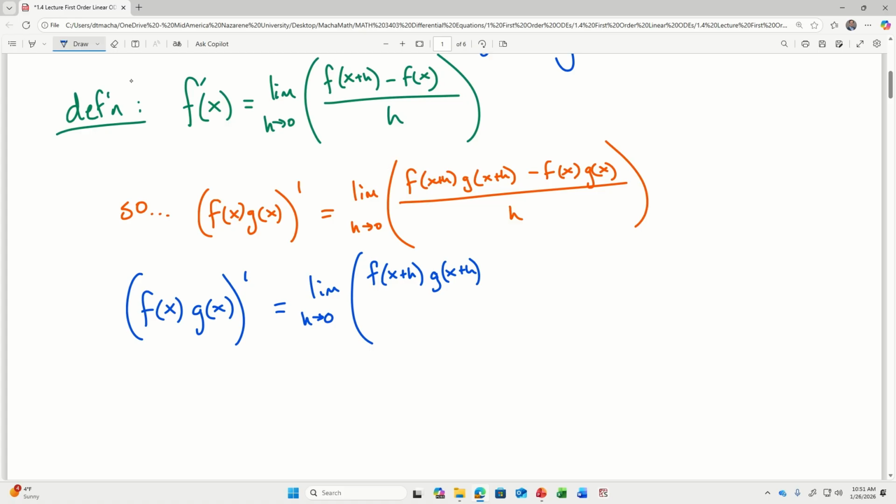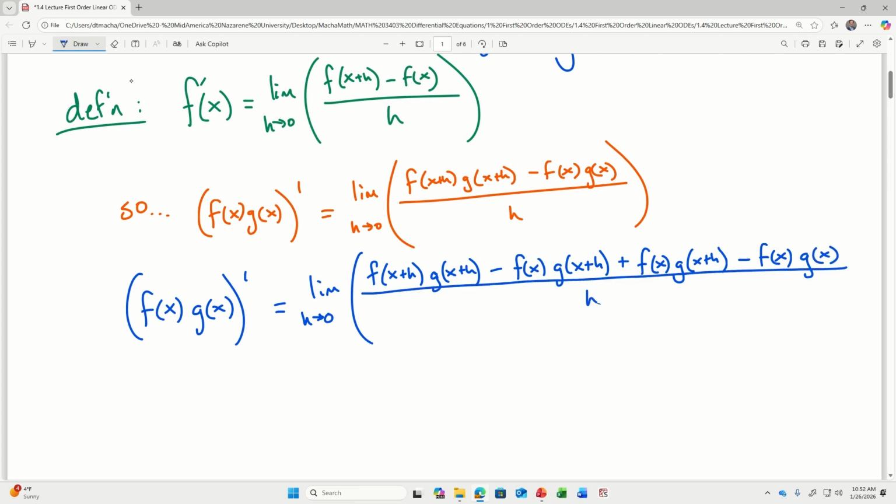We're going to add and subtract the same thing, and that's going to be f of x times g of x plus h. So that now my numerator looks like that. Super long and obnoxious, but it means the same thing, right? Same value, because I'm just subtracting and adding the same term.